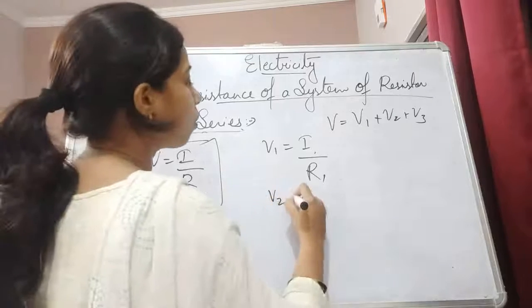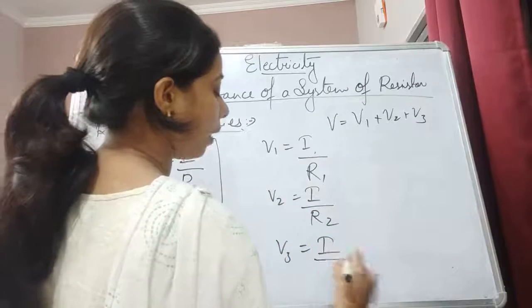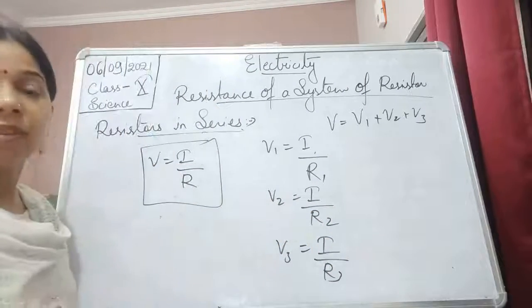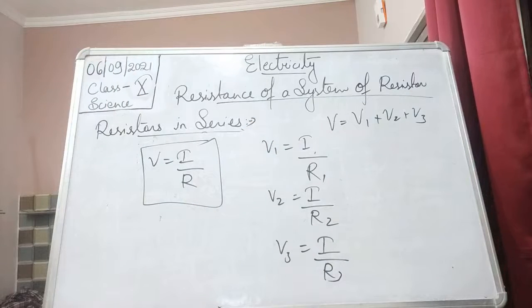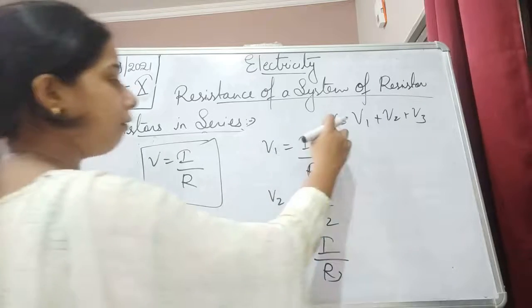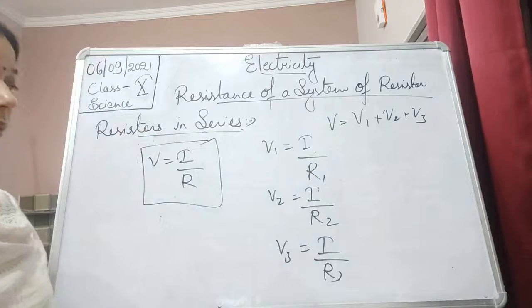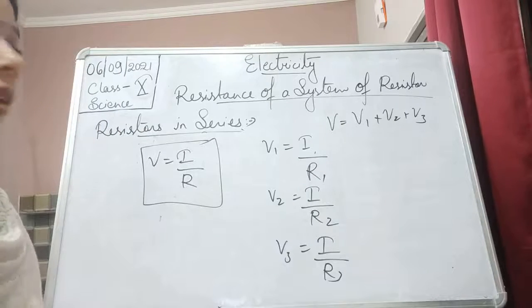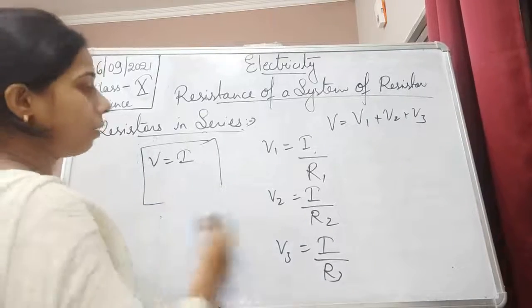Then V2 is equal to I times R2, and V3 is equal to I times R3. Using the same formula, we can now say that V is equal to IR.